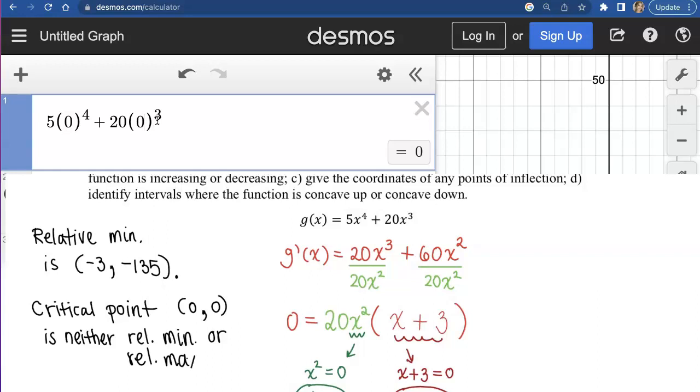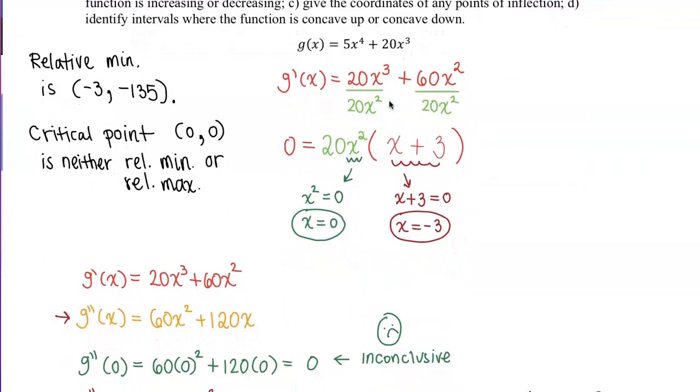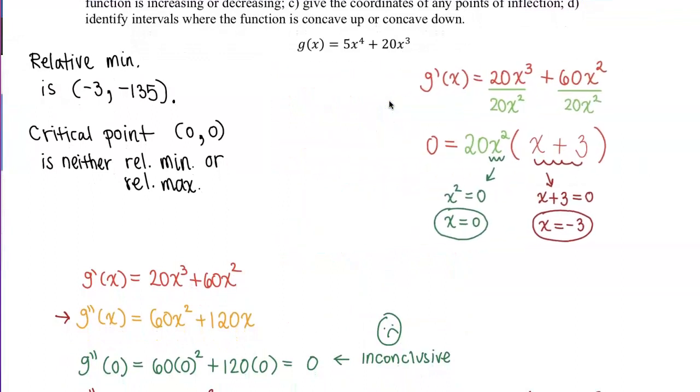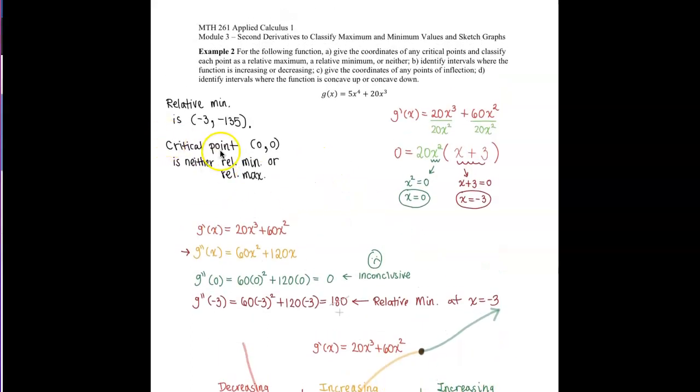So we told them that even though it is a critical point, it wasn't special enough because the behavior from the left and to the right didn't change. It was increasing and increasing again. So we say this critical point, 0, 0, is neither a relative minimum or relative maximum.